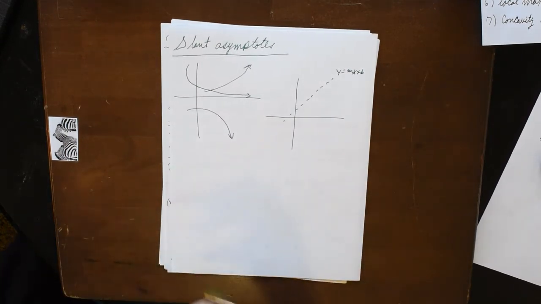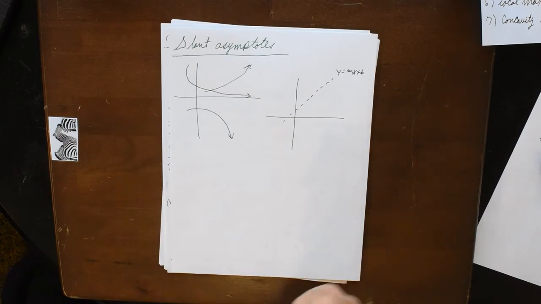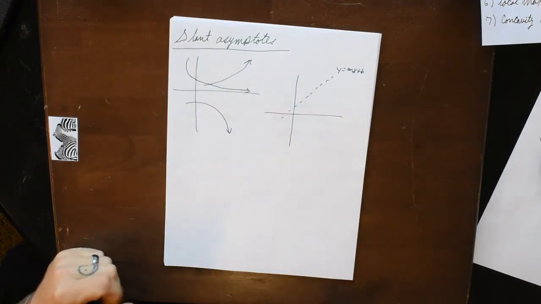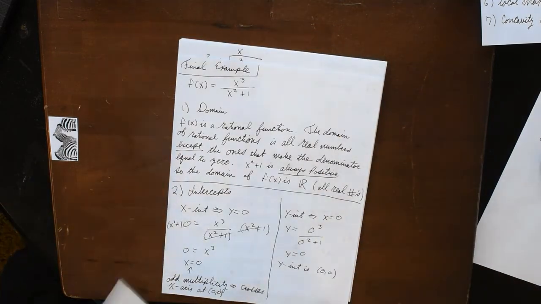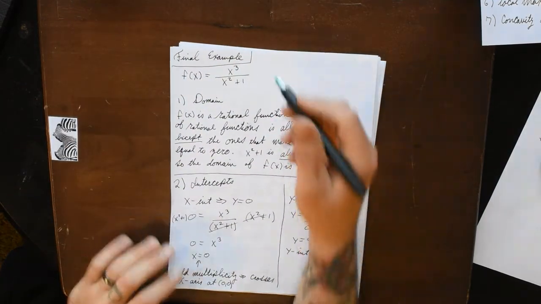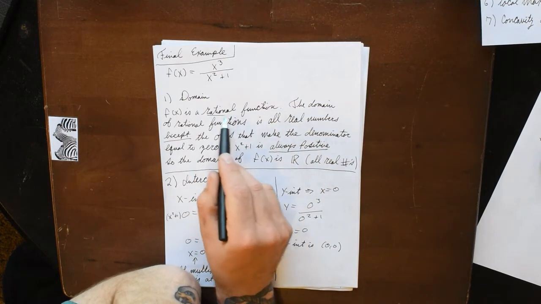So, how are we going to find a slant asymptote? We're actually going to use polynomial long division. So, an example with the slant asymptote, and my battery's been giving me issues, so I have worked this example out and I will talk you guys through it. So for our final example, we have this rational function, if you will.